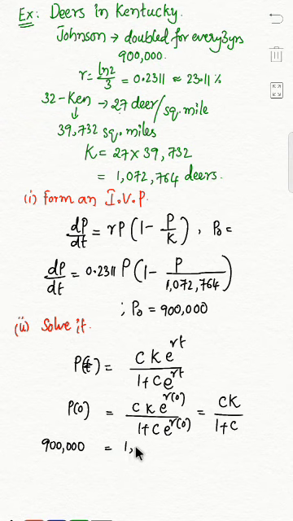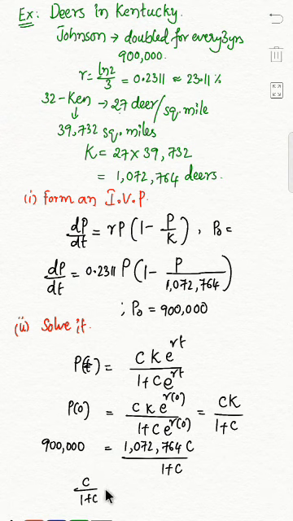K is 1,72,764 by into c by 1 plus c. Now c by 1 plus c is equal to 900,000 by 1,72,764.